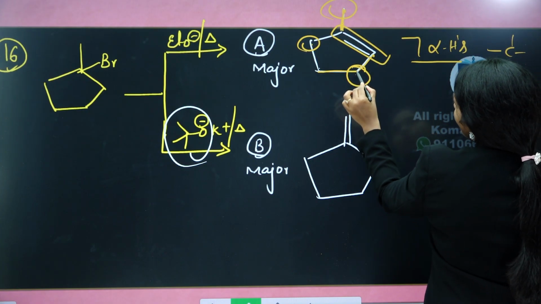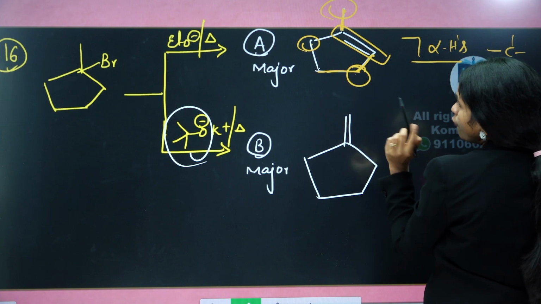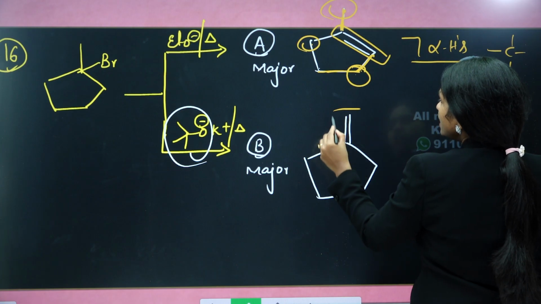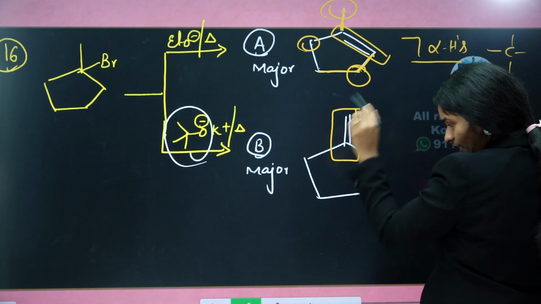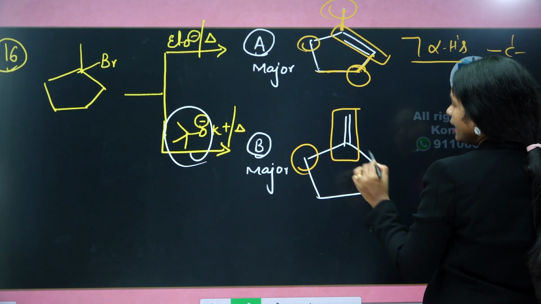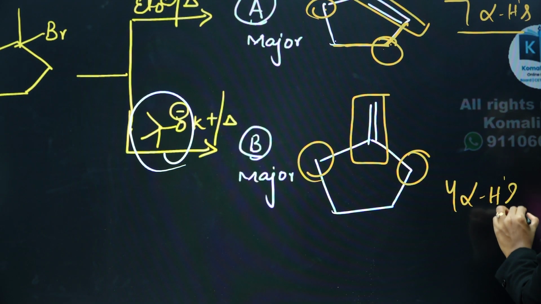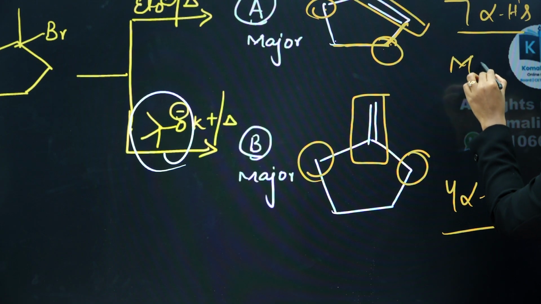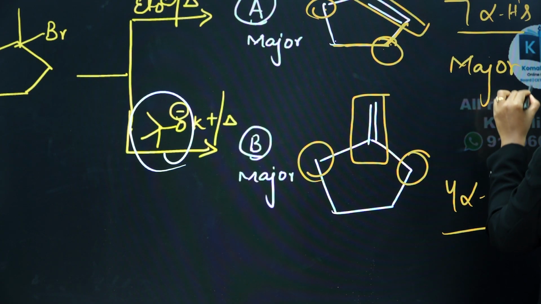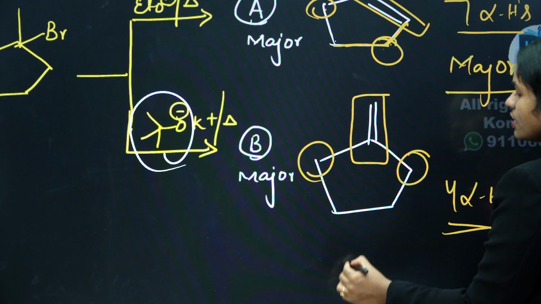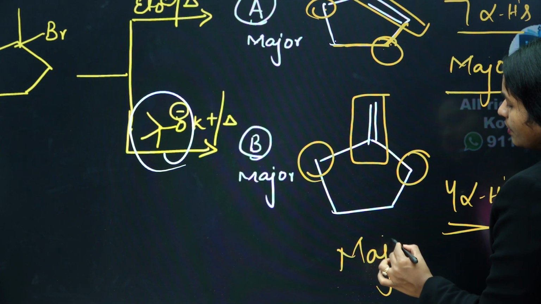Here 2 bonds are there, means 4 minus 2 is 2, 2 hydrogens are hiding. Now put this one in a bracket like this, one rectangle. Here 2 plus 2, 4 alpha hydrogens. So more hydrogens, actually that is only major. But when a bulkier base is taken, less alpha hydrogens becomes major.